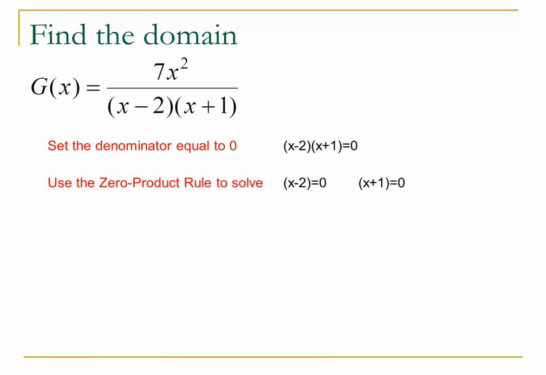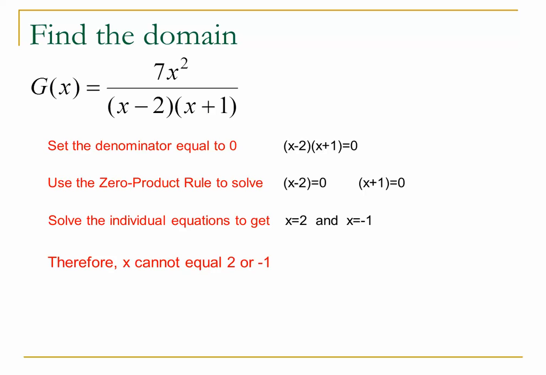So the zero product rule allows us to pull this apart so that we have x minus 2 equals 0 and x plus 1 equals 0. We can then solve these individual equations to get x equals 2 and x equals negative 1. Therefore, we know that x cannot equal 2 or negative 1.